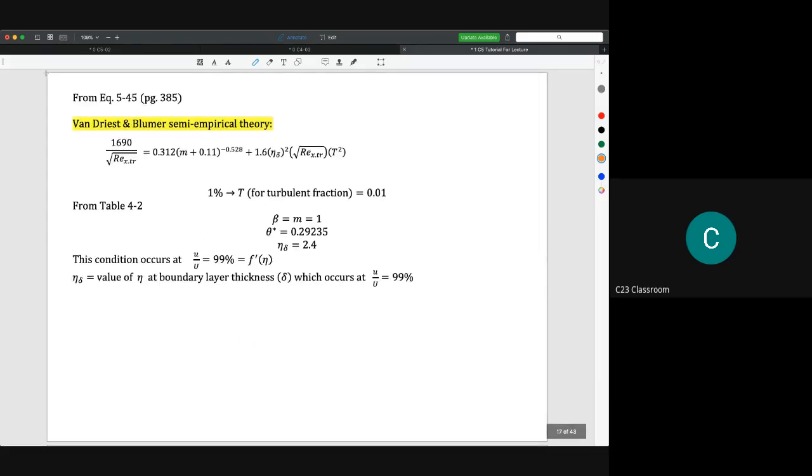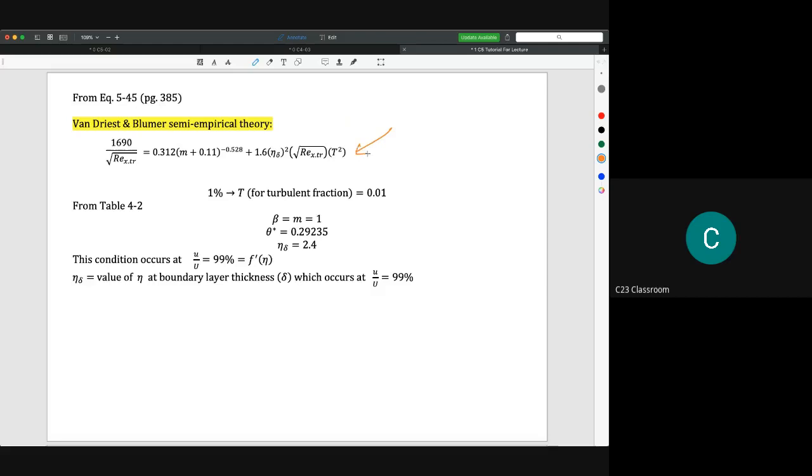For the calculation with a free stream velocity that has a turbulent element, the turbulence percentage, we are using the Van Driest and Blumer semi-empirical theory. The equation is here.